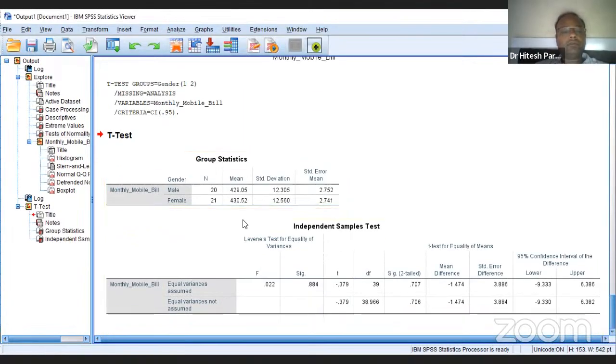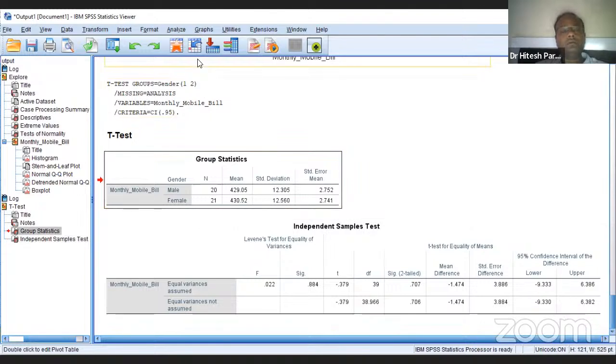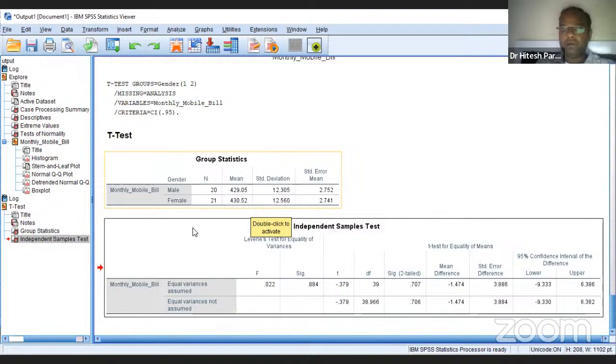So this is our result of the t-test. Okay, now what is our null hypothesis here? We are comparing the monthly mobile bill between male and female. So the null hypothesis is that there is no significant difference in the monthly mobile bill between male and female respondents.